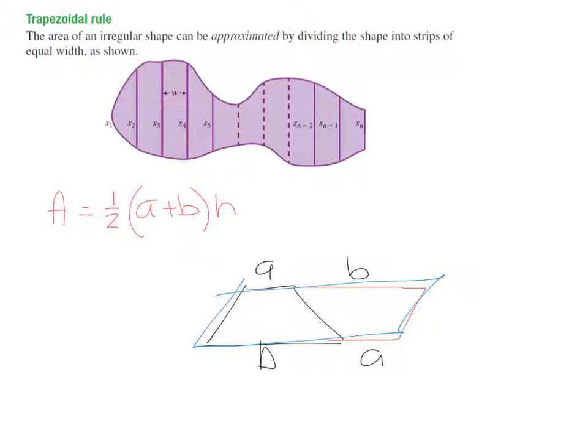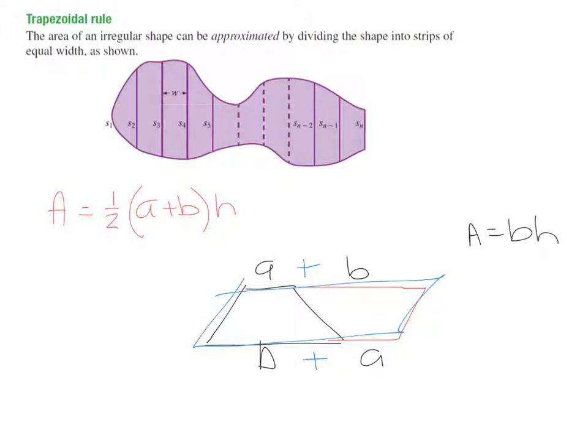So for the same trapezium, if we add A and B, and we add A and B, and then multiply by the height, because basically the area of a parallelogram is base times height.